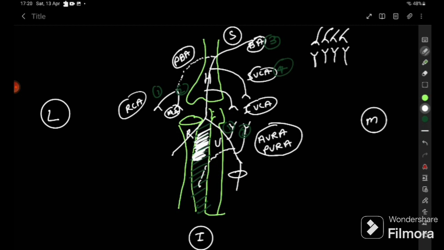Now one branch is given off by the posterior interosseous artery, which anastomoses with the middle collateral artery. And one branch is given off by the radial artery, which is known as the radial recurrent artery, which anastomoses with the radial collateral artery. So this completes our anastomosis, and now we will see this on the 3D model.